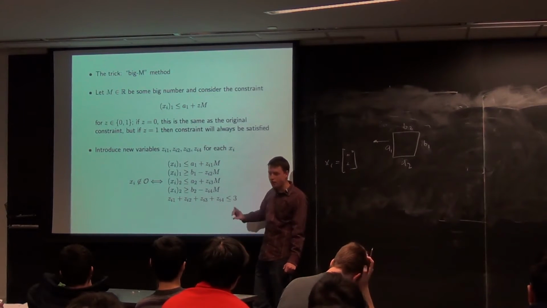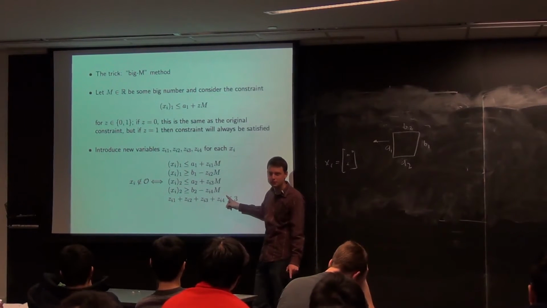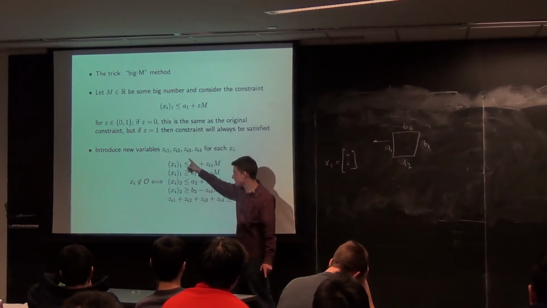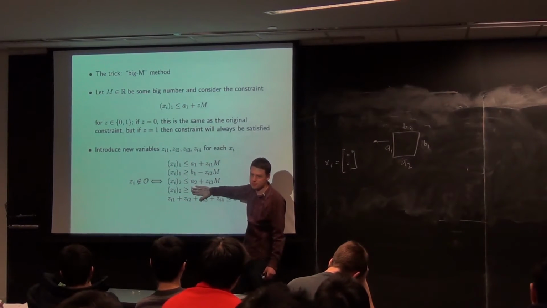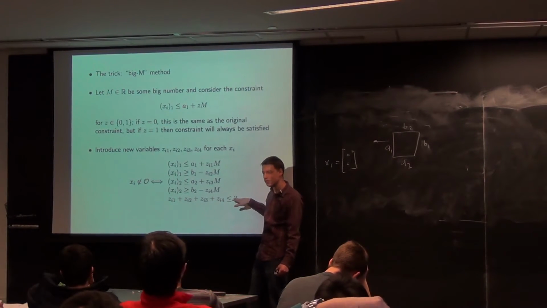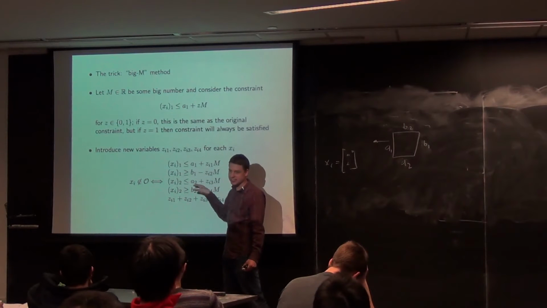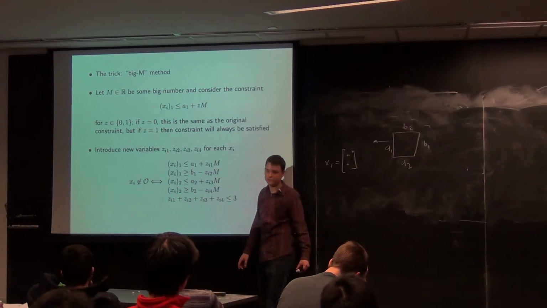As long as one of them is not 1, though, we have to satisfy one of these constraints, the original ones without the m's. So as long as this is less than or equal to 3, and we satisfy these things, then xi is not in the obstacle.